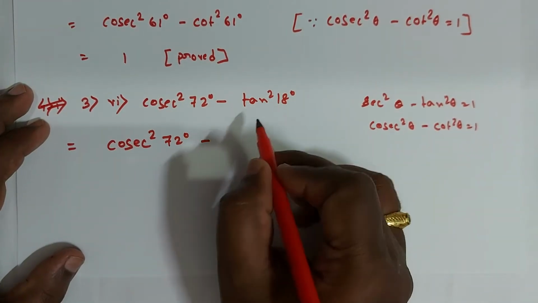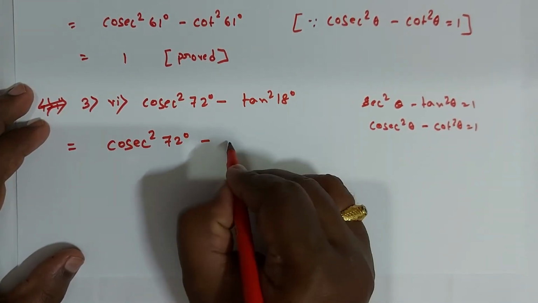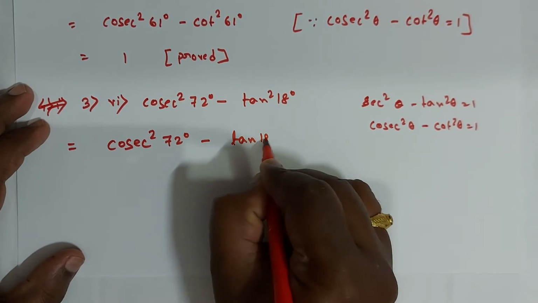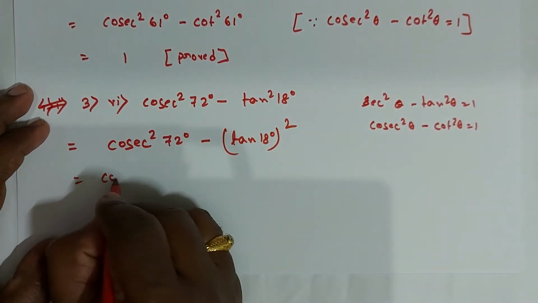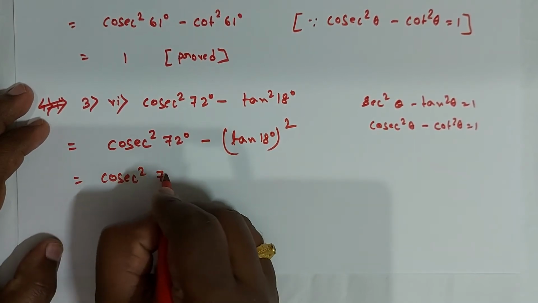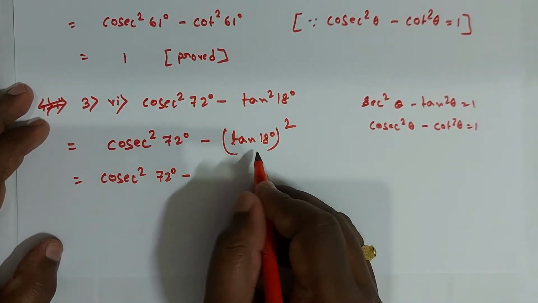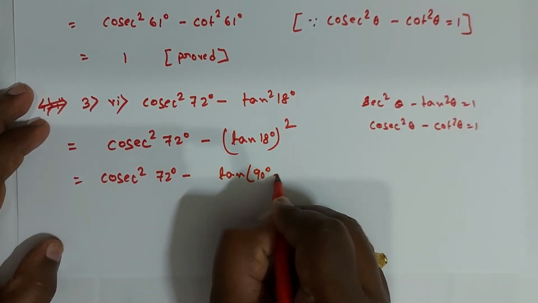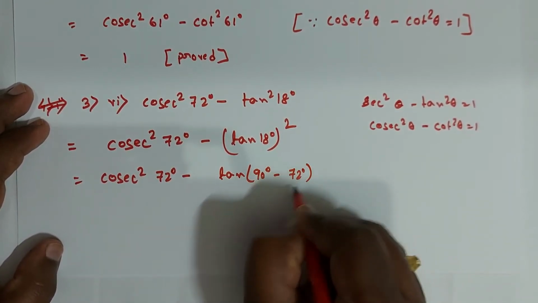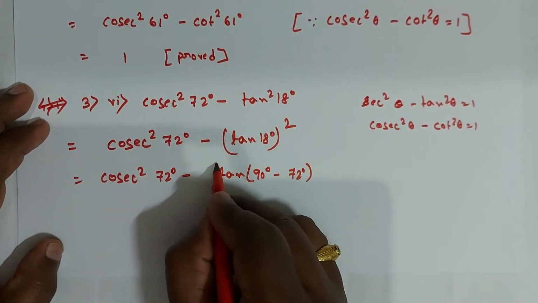So tan square theta means we first write tan 18 degree whole square. So then cosec square 72 degree minus tan 18 degree. Tan 18 means tan of 90 degree minus 72 degree. Now 90 minus 72 means 18 degree.